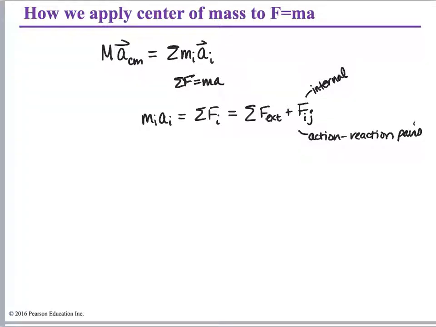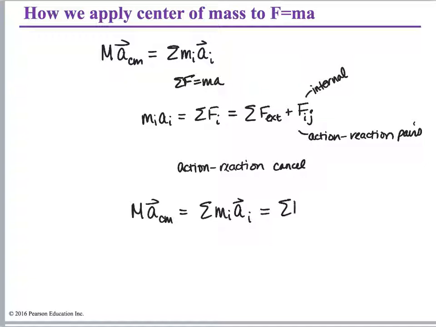When I add these forces together, the action-reaction pairs cancel out, because I'll have a force acting on object 1 from object 2, but then a force from object 1 acting on object 2. Those are equal and opposite, and they cancel out. And so when I do the summation, M A_cm is equal to the sum of the forces, and all I'll get left is all the external forces.